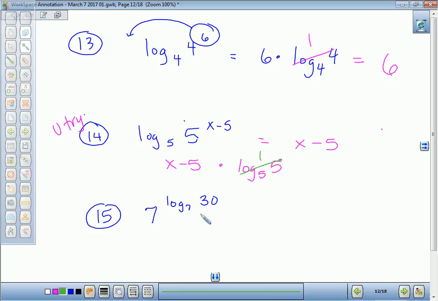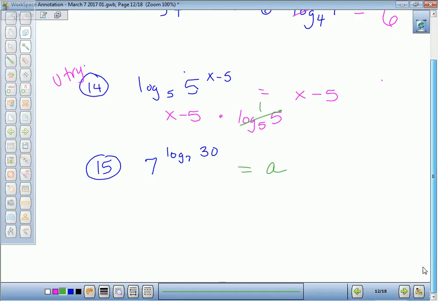Now, I haven't showed you how to do this, but what do you think the answer is? 30. You're right. So let's talk about why. A base raised to an exponent equals an answer. Let's switch forms. Whenever you have one log and you don't know what to do, you switch forms.